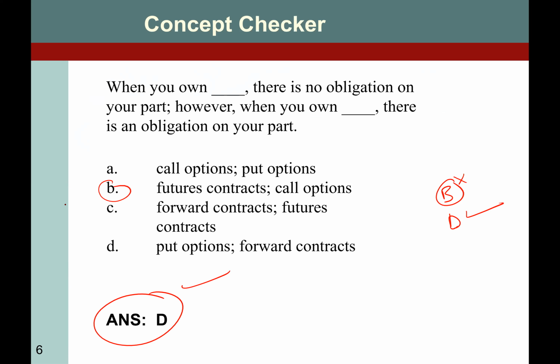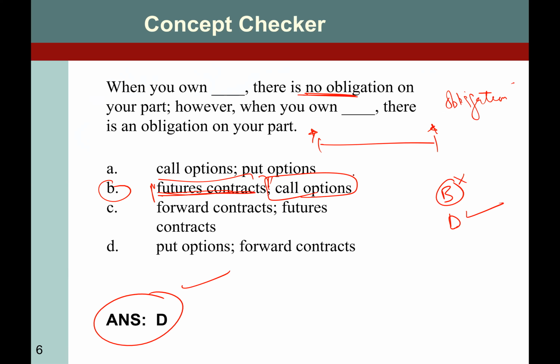Why not B? When you own an option, there is no obligation. So future contracts, both parties, they have obligation, not the option, because this is contract, right? And in option, what kind of option?